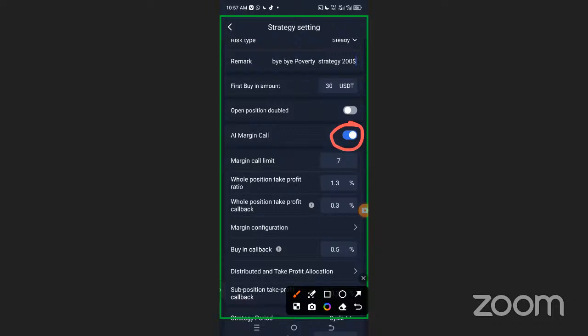That's why we are switching on the AI margin call, so that the robot can determine by itself when to buy the margin calls. And people who are trading with AI margin call on, you understand that the robot does not buy anyhow. Even when you see the market is dropping, I've had someone come into my inbox: I set my margin calls, but the robot is not buying the margin calls, and the market is dropping. Why is it not buying anyhow?